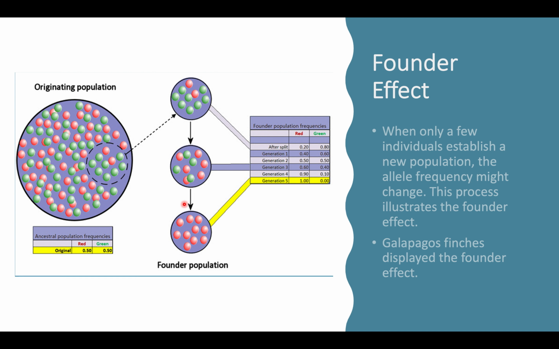Over these 5 generations the red alleles multiplied over time, and the green allele sort of died out. In this example, those red alleles must have been beneficial for the new environment that these finches joined. So this is a visual example of a founder effect, and the example we've previously talked about is those Galapagos finches on the island of the Galapagos.